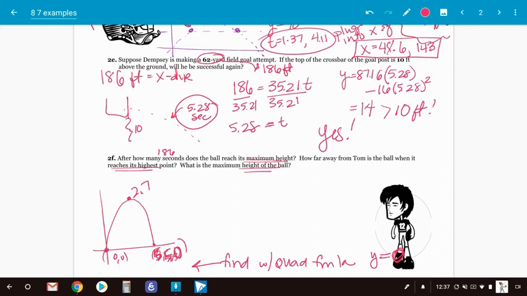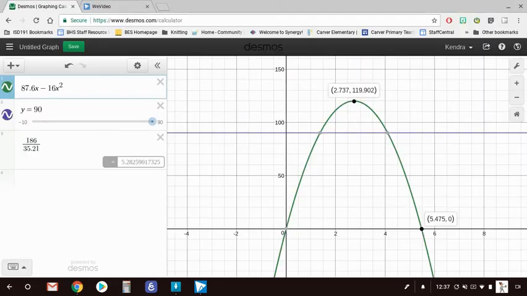Then I want to know how far away is Tom from the ball. That is asking an x distance. So you're now going to plug 2.7 into your x distance. What do we have? 35.21 times 2.7 seconds, how far away is he?